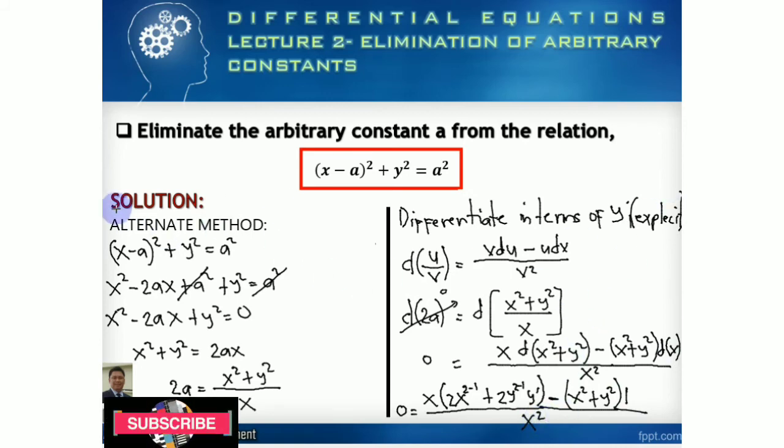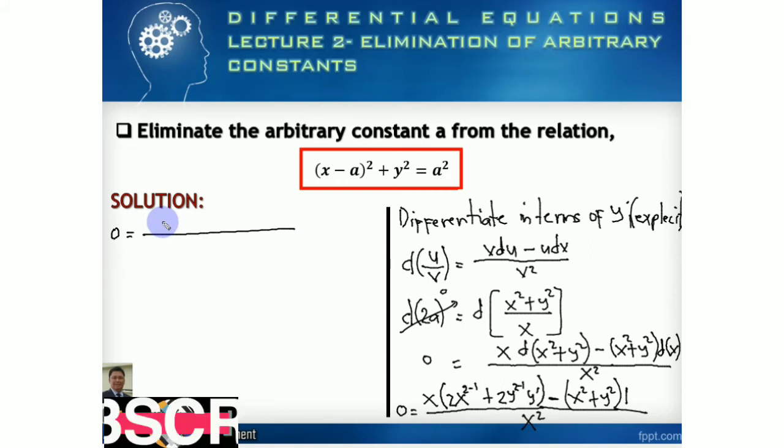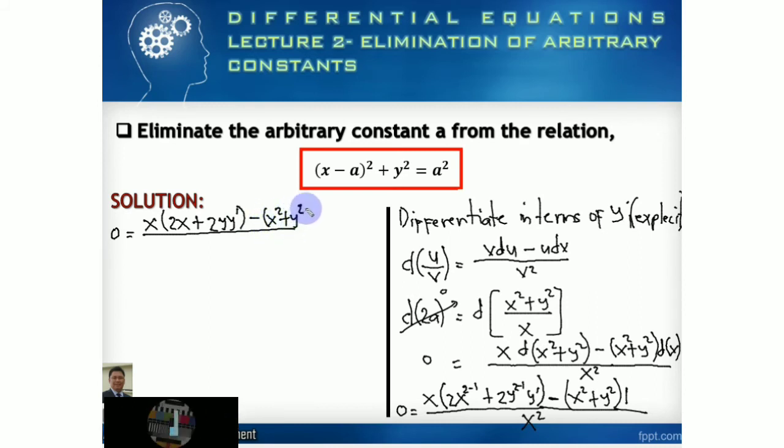So proceeding with this one, we have here then x times 2x plus 2y y prime, minus your quantity x squared plus y squared, all over your x squared.